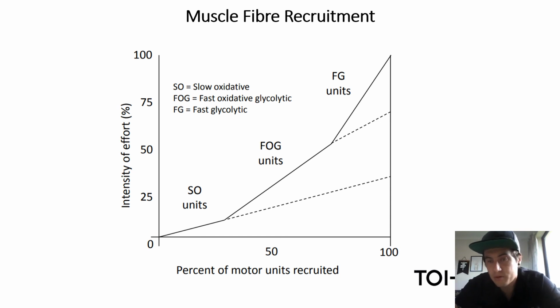So if you're a person who is really good at endurance, then it's likely that your body is made up of a higher percentage of slow oxidative muscle fibers. If you're a person that can produce a lot of force really quickly, then it's likely that your body is made up of a high percentage of fast glycolytic muscle fibers.